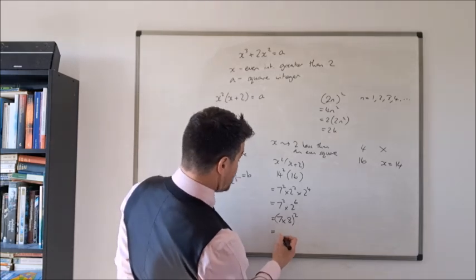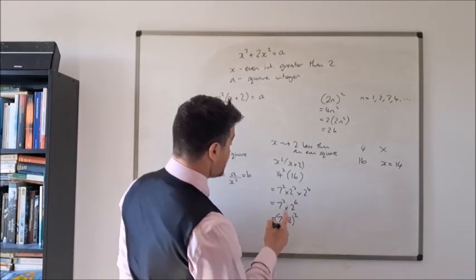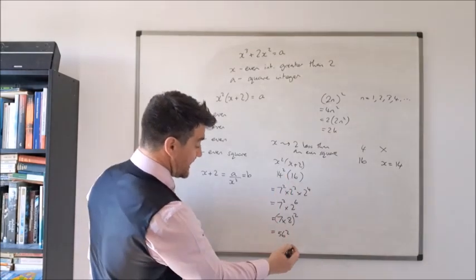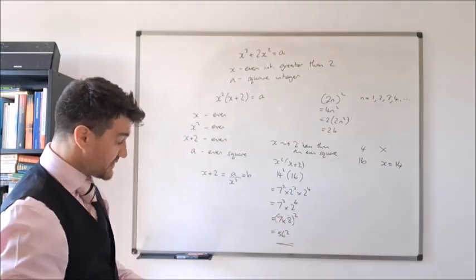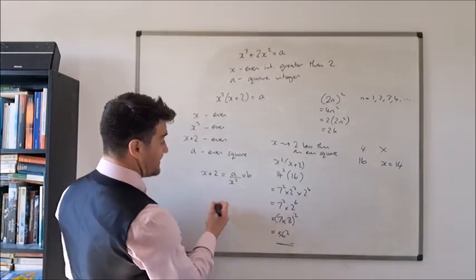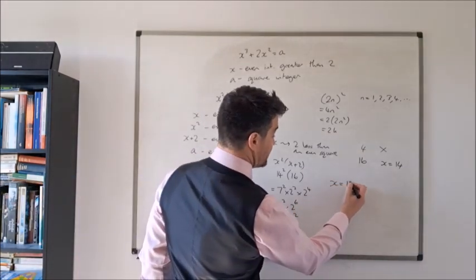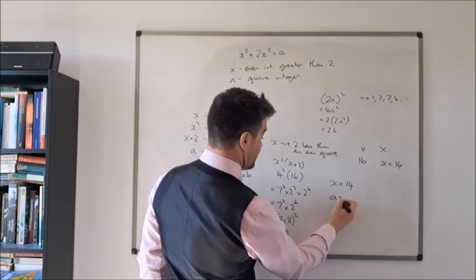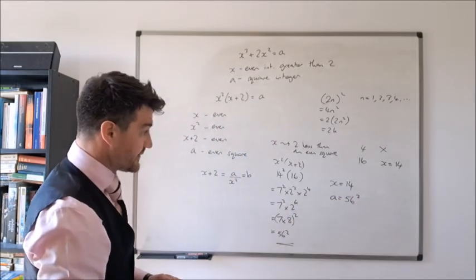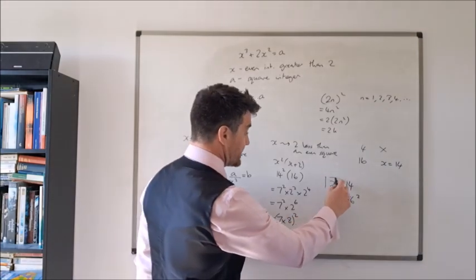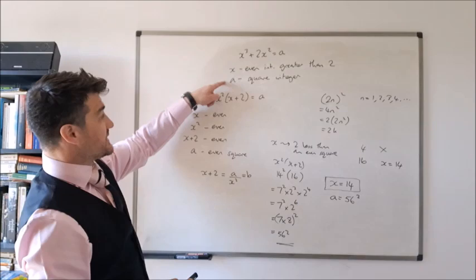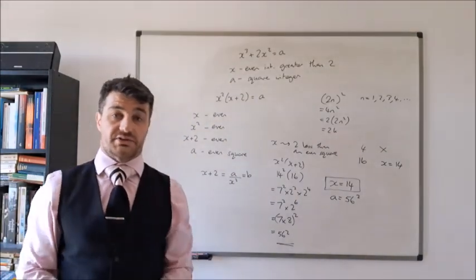In other words, 56 squared. x squared times (x plus 2), when x is equal to 14, is a square number. It's the square of 56. So the value of x that I'm looking for is 14, and the value of a that I'm looking for is whatever 56 squared is. But this is the smallest value of x which satisfies this information. And that's the solution to our problem.